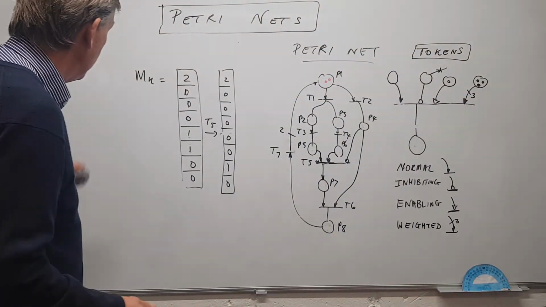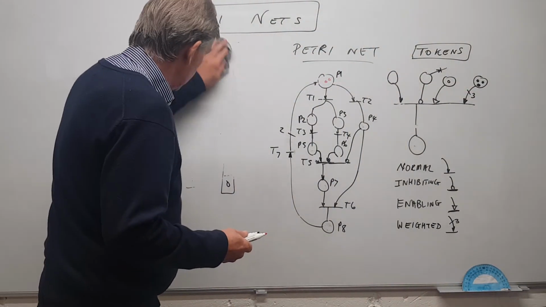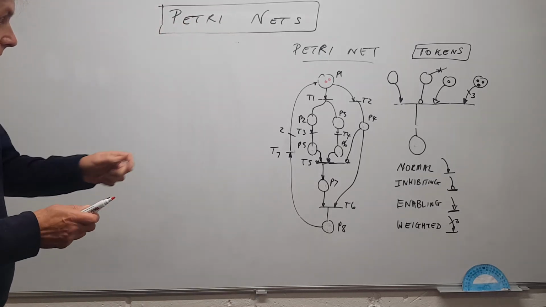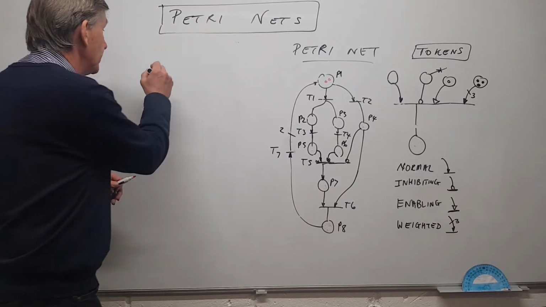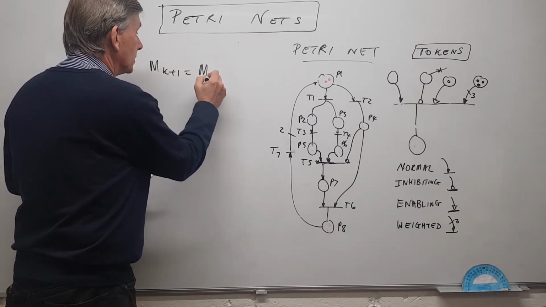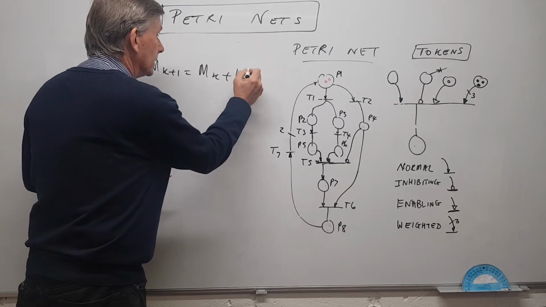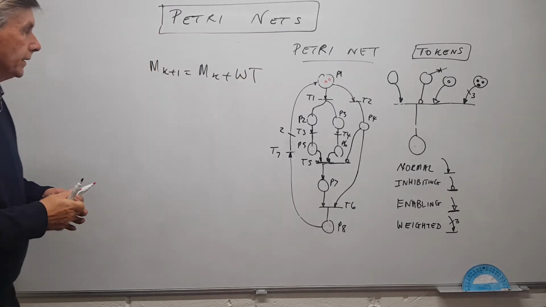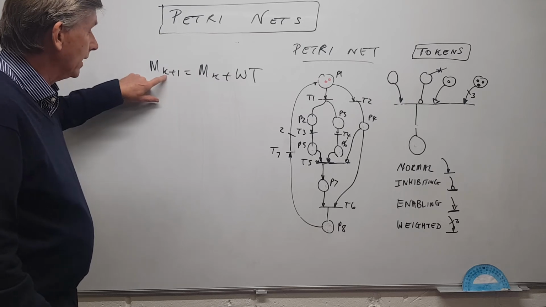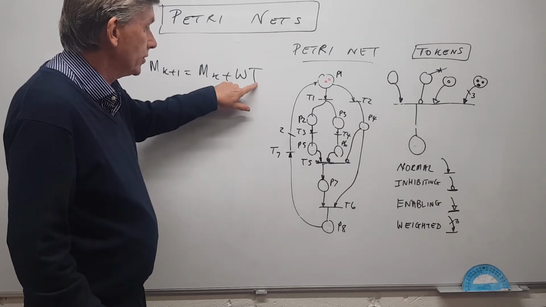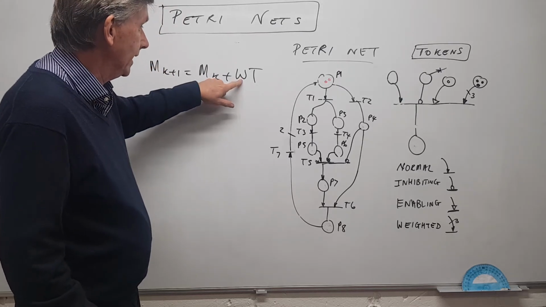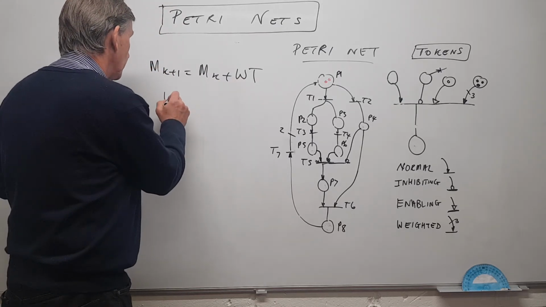Right, so next, if we've got a Petri net, we can convert this into a mathematical equation: M(k+1) is equal to M(k) plus WT. M(k) is the current marking. M(k+1) is the new marking. T is whichever transition you happen to want to fire. And W is an incidence matrix.